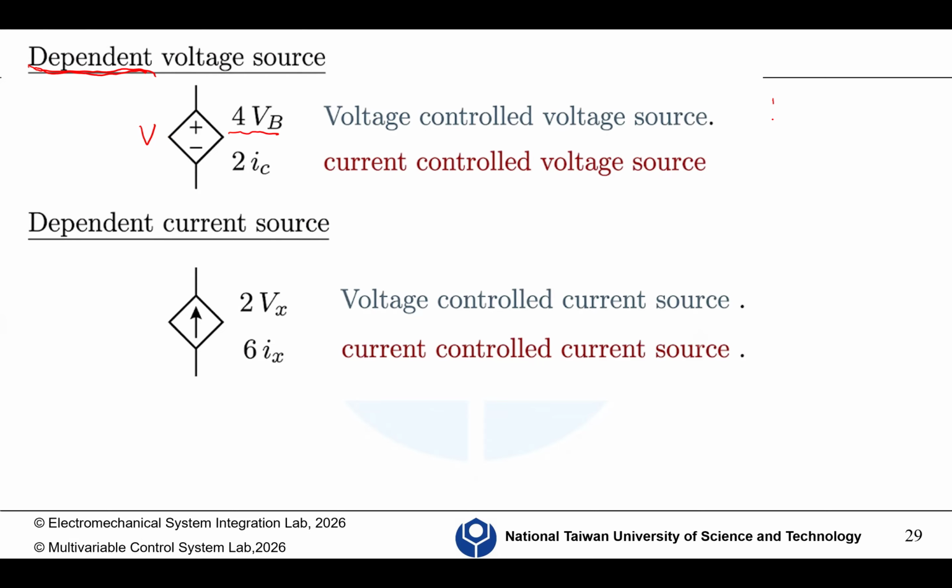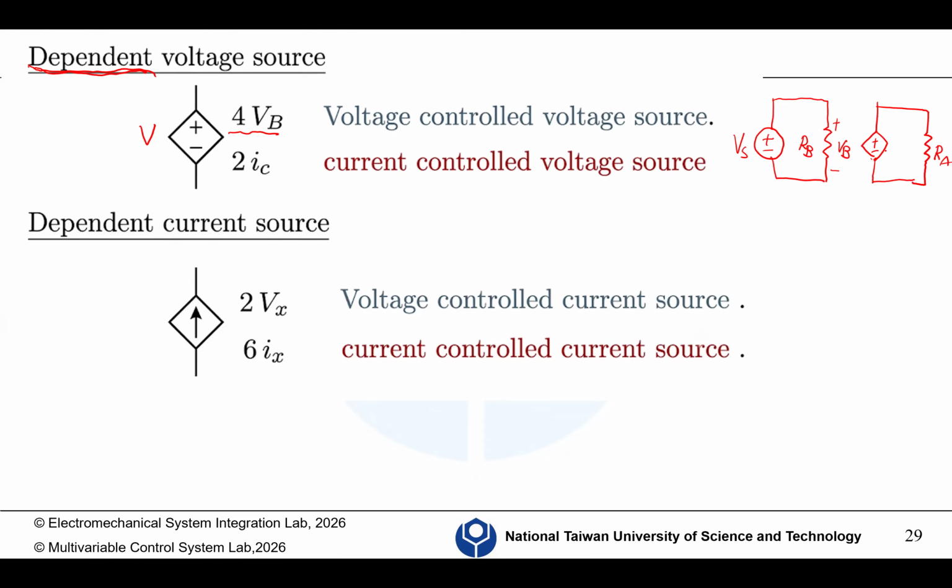For example, we have positive. This is maybe Vs, and this is RB. So this is positive, negative. This is VB. And we have a dependent voltage source, and this is RA.